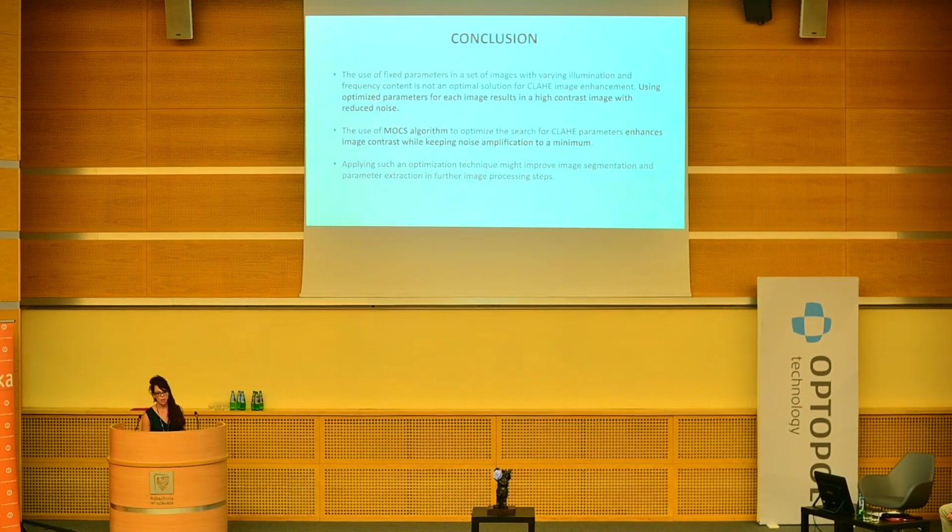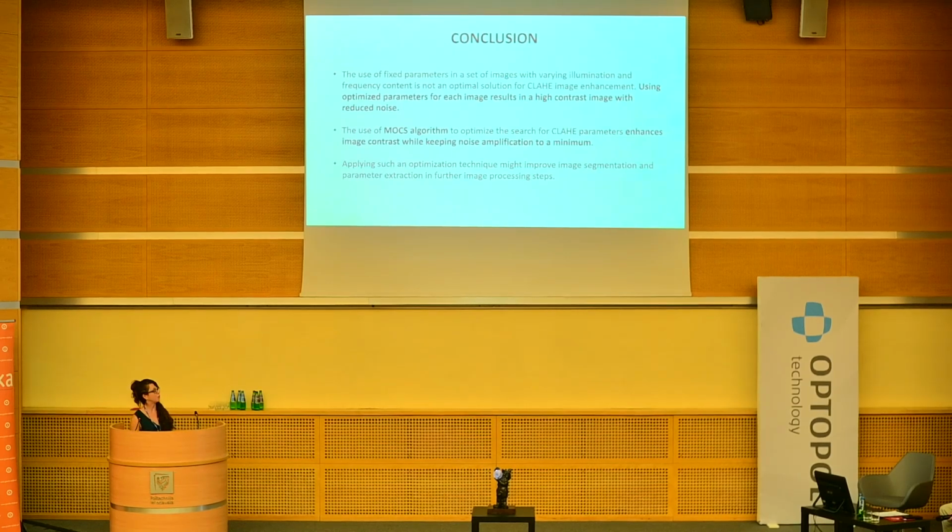To finish, we realize that many times it's difficult to use fixed parameters that accommodate all the images we are working with. Many times we need to change those parameters in order to increase the possibilities of extracting more information from that image, and that's what an optimization algorithm does.